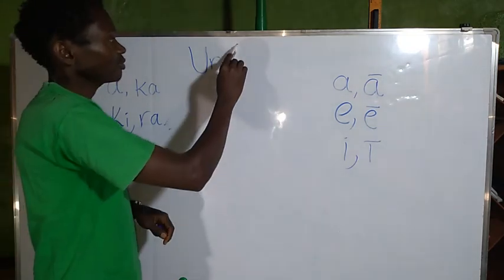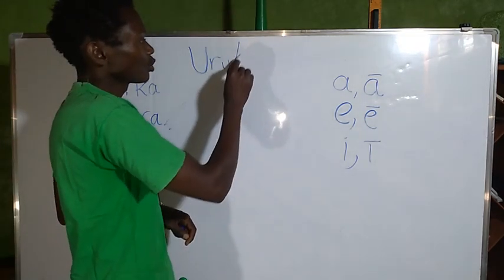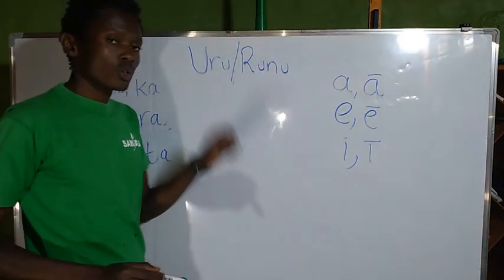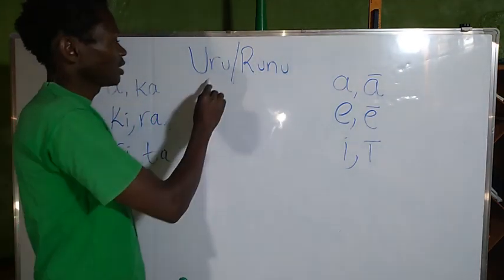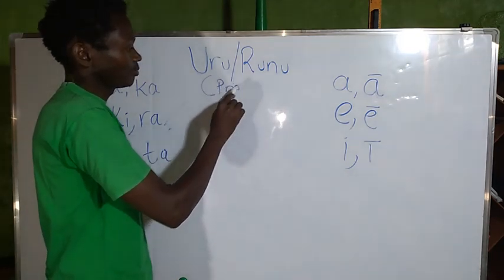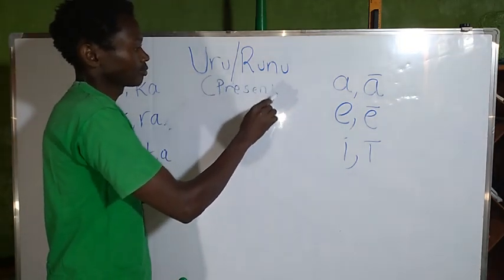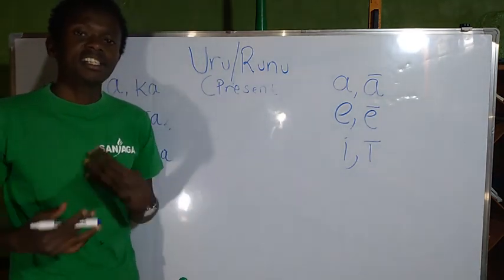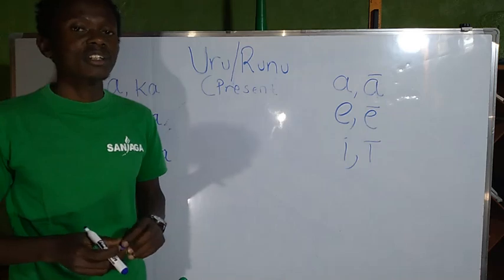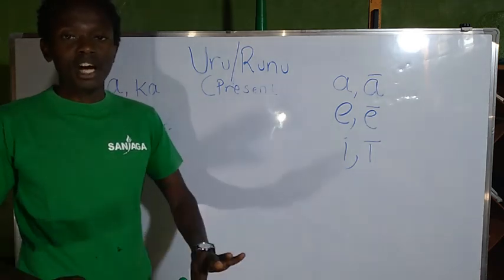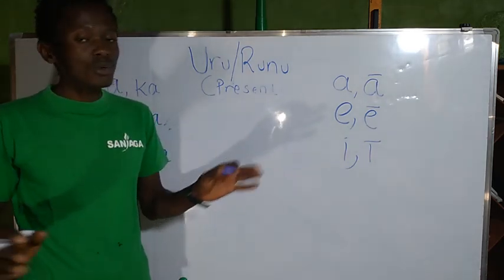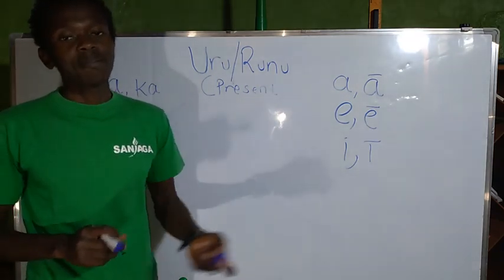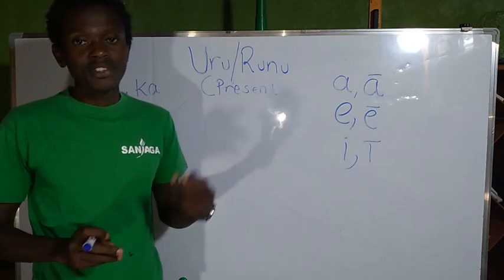Uru, runu, uru, brackets present. That an activity is happening at no other time but now. How do we write it? How do we communicate it? How does the other person interpret it? Simple.